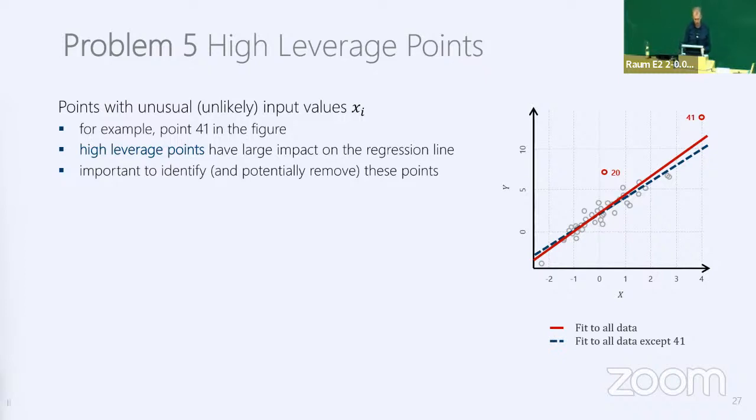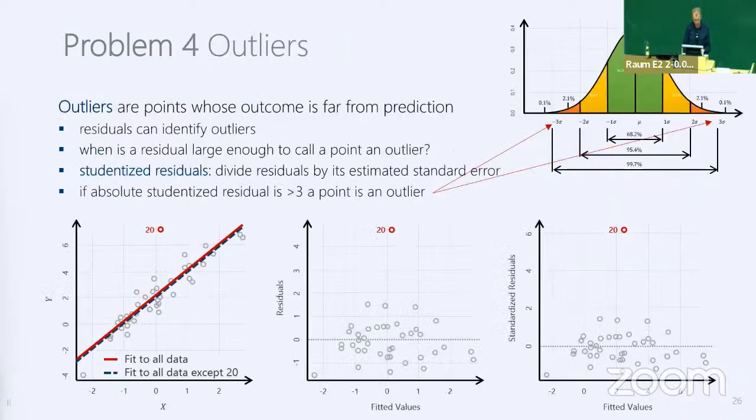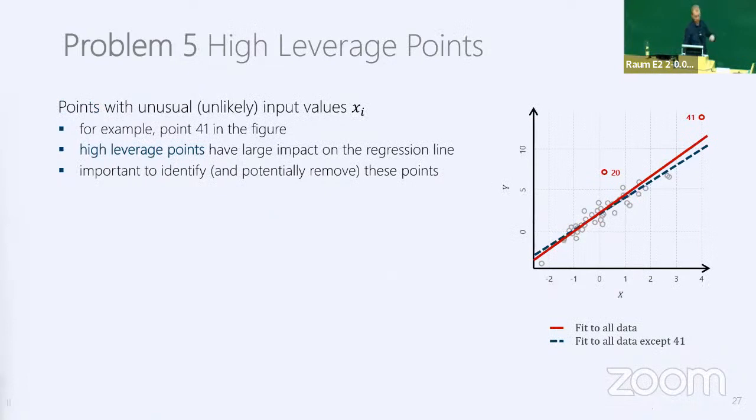So if we now have point 20, let's go back here. Adding 20 or not, there is some effect on the line, and so this is a benign outlier. The outlier is in the middle where we have lots of points, so there's a lot of density there. And if we now, up here in this example, 41 is, like you said, not 1 million, but it's high, and it's where we don't have any other data points.